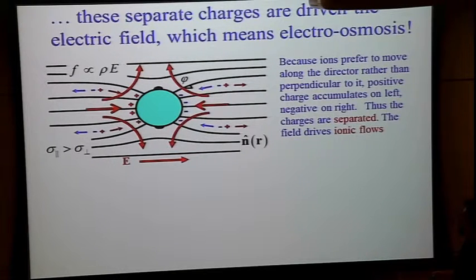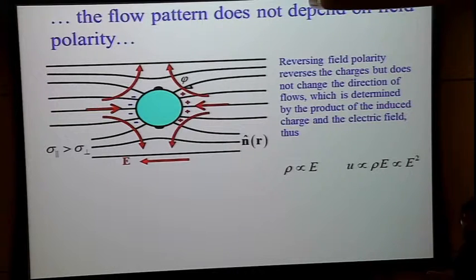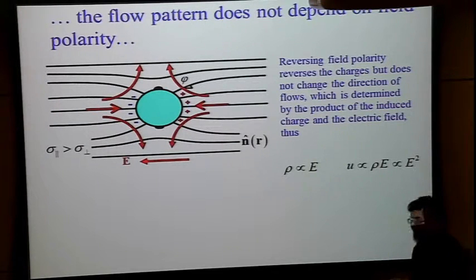So okay, fine. Then let's consider what would happen if I reverse the polarity of the electric field. The ions again would move, and now because of the different polarity of the electric field, I would have a positive cloud on the right-hand side and negative on the left-hand side.